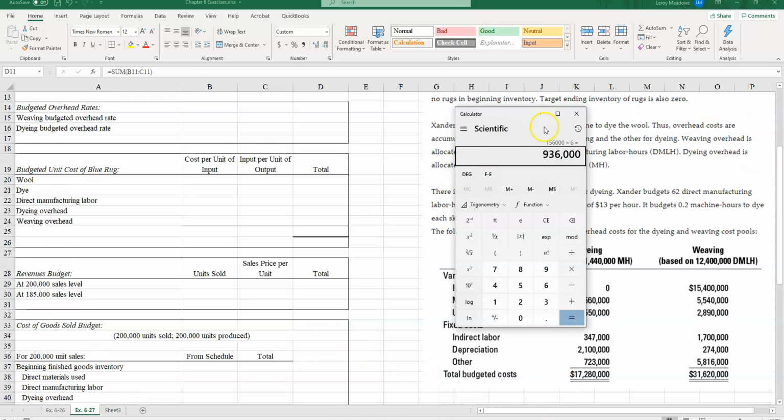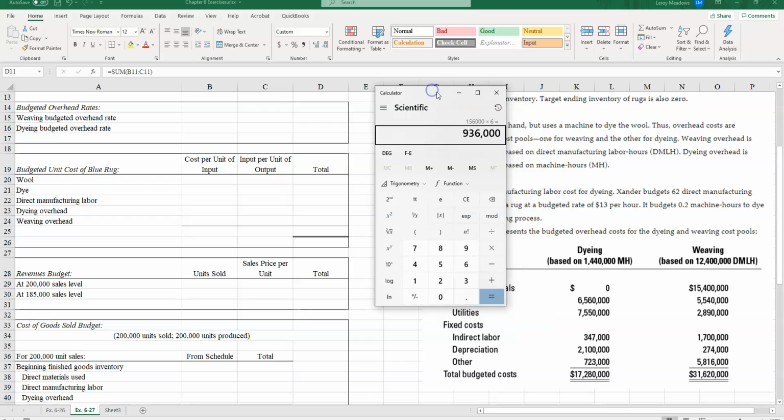Let me get out my calculator here. And let's take a look at weaving first. $31,620,000, and that is allocated by the number of direct manufacturing labor hours, which is 12,400,000.